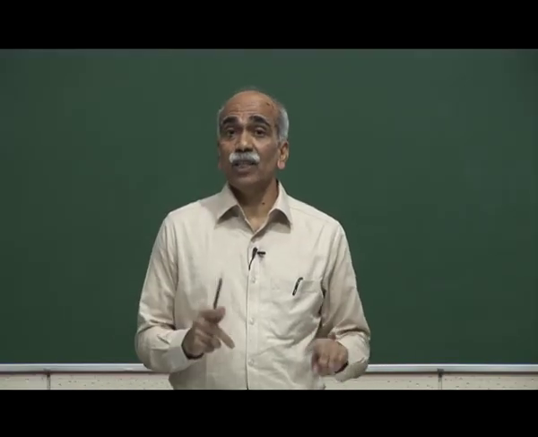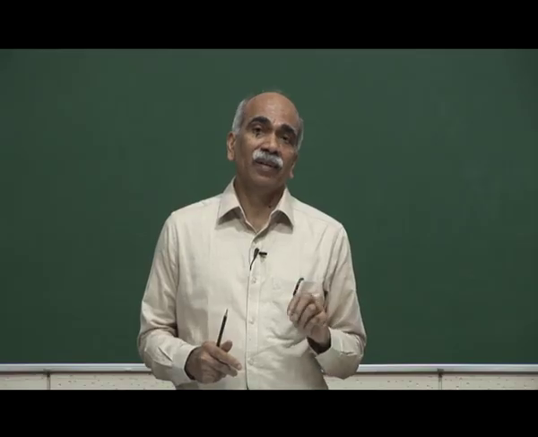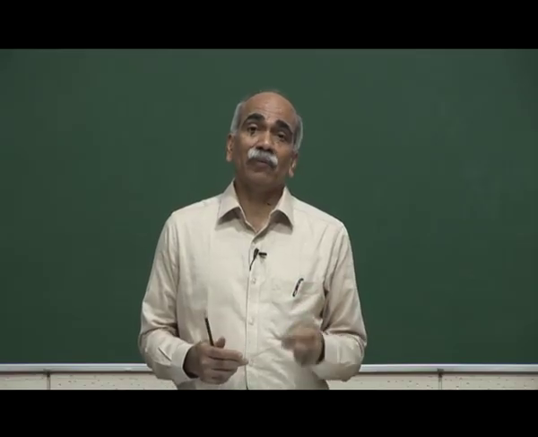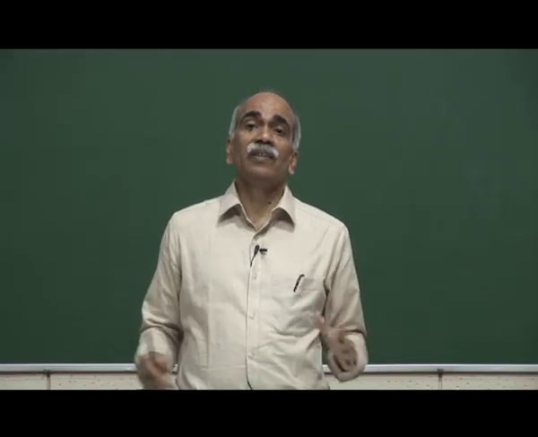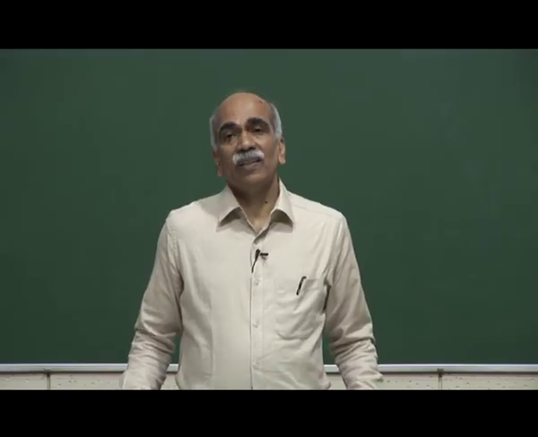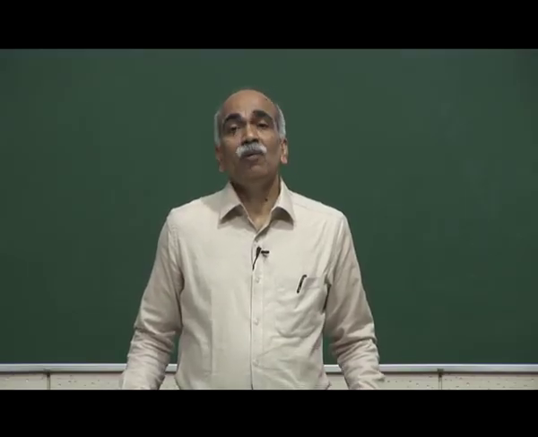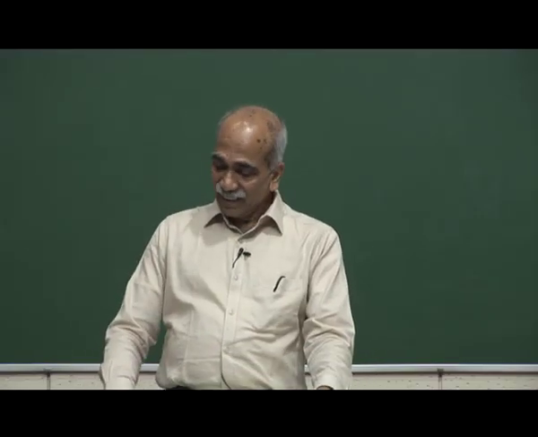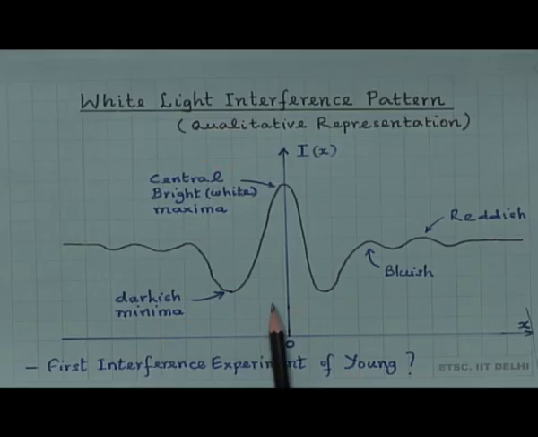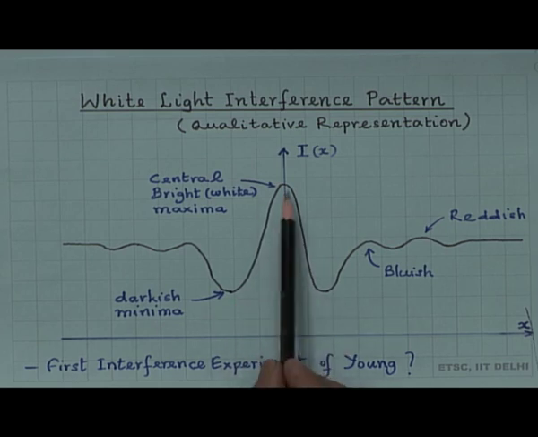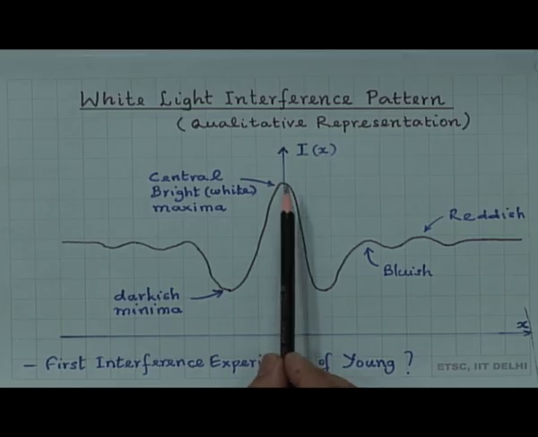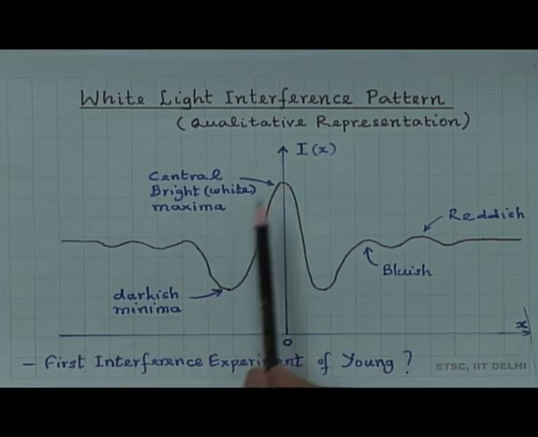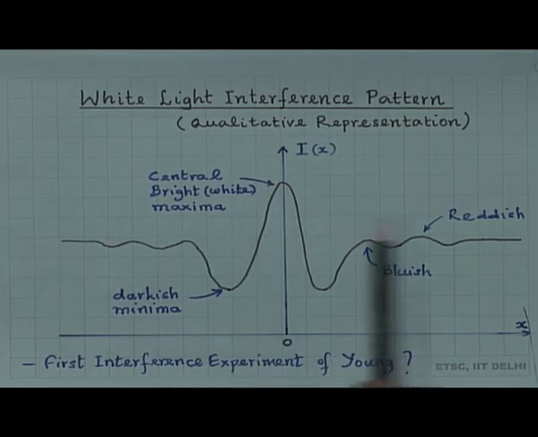It is then that he switched to the sodium lamp, or the spirit lamp with sodium salt sprinkled over it, to see multiple fringes. So, what is the conclusion? The conclusion is that if you perform the experiment with white light, you will be able to locate the central fringe where the path difference is 0 and the phase difference is 0 for all the wavelengths.